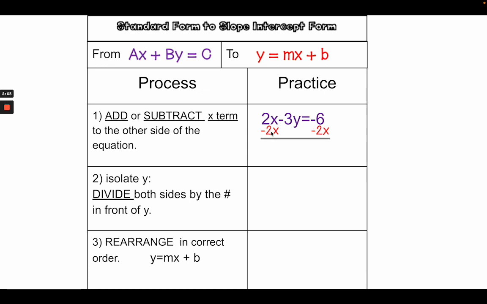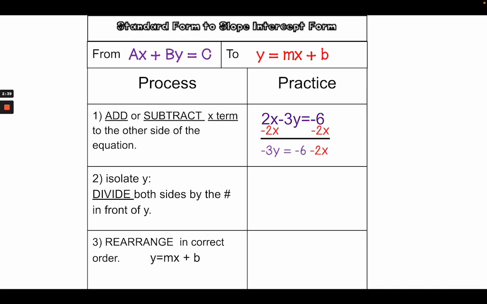And this is what's left of this equation. On this left side, I have negative 3y, because this cancels, so I drop my negative 3y. And on the right side, I have negative 6 minus 2x. And you'll notice that we do not combine the terms, because they are not like terms. This has an x, this is just a constant with no x, so we cannot combine them together.